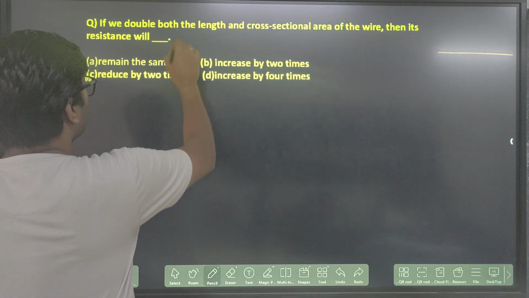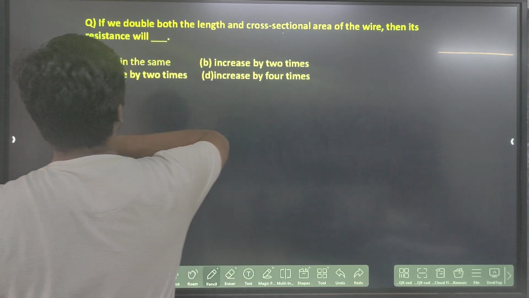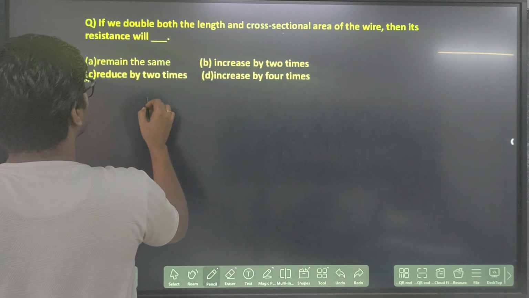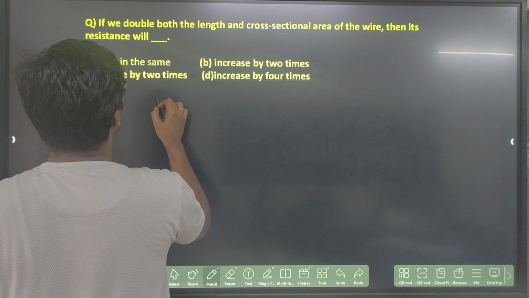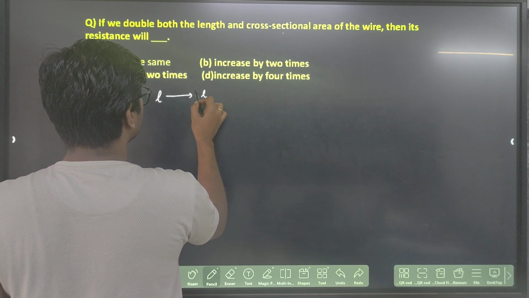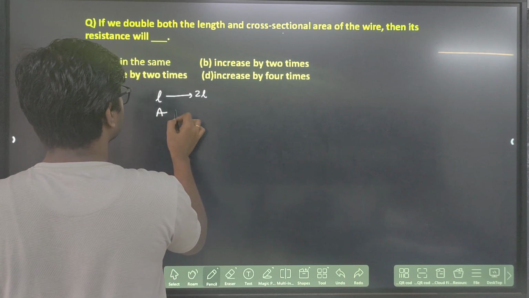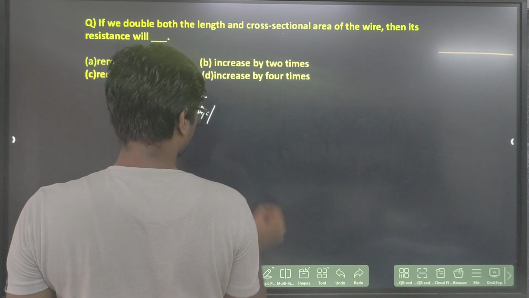Now, if we double both the length and cross-sectional area of the wire, then its resistance will be? So what is it telling? Double both length and cross-sectional area. So L is going to 2L, A is going to 2A.